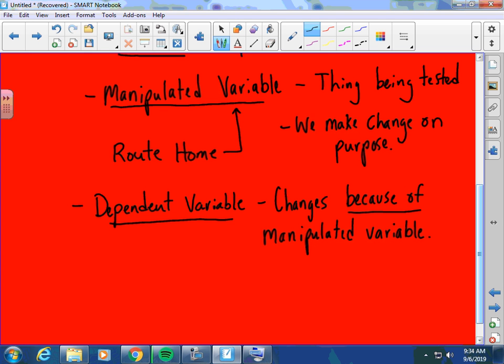But going back to those constants, I want to keep everything else the same. The one thing I'm going to change, the only thing that's going to change is the manipulated variable, the route. I don't want to drive one way and I'm speeding and then drive the other way and I follow the speed limit. I don't want to drive at different times of day. Drive one time early in the morning and then another time I drive the route in rush hour.